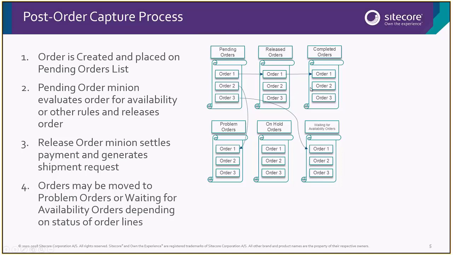So in most cases, once the order's hit a certain state, it can no longer be changed by the customer before it's shipped, and the customer has to go through the RMA process in order to change his order so he can return the item once it gets delivered. This is, of course, possible to change. These are pipelines, so it's easy to go in and change that strategy to meet your business needs.